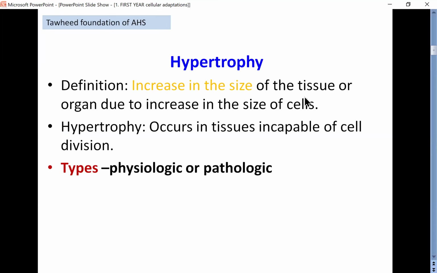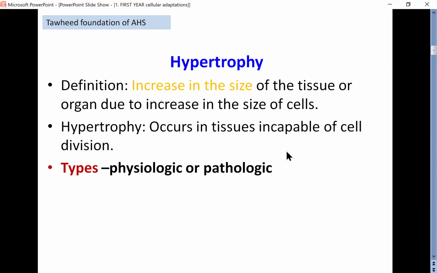It usually occurs in tissue which is incapable of cellular division. That means if the cell is unable to divide or increase in number, only in that kind of cell can you see hypertrophy.